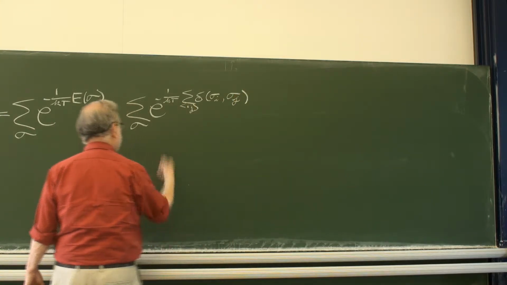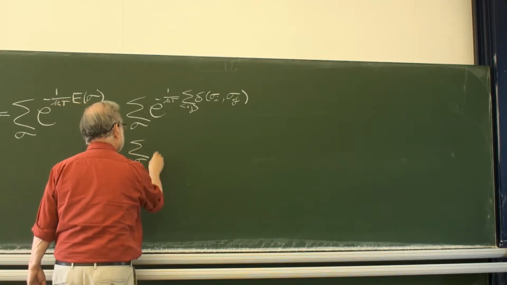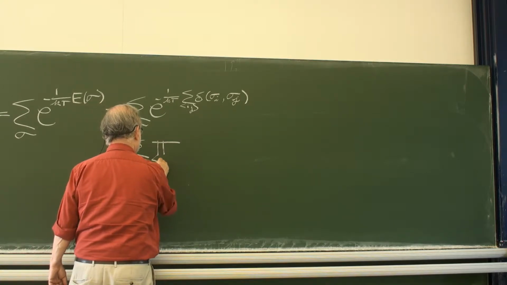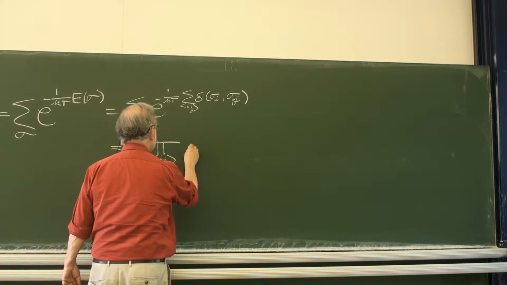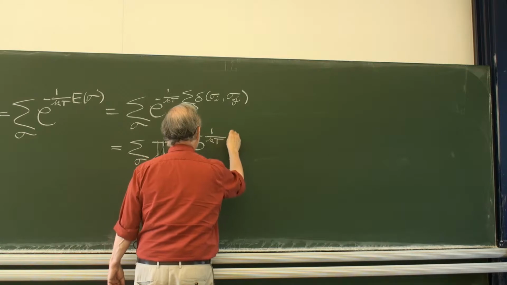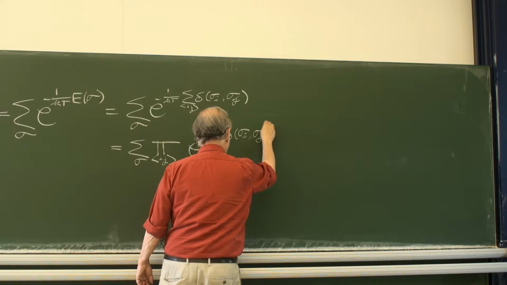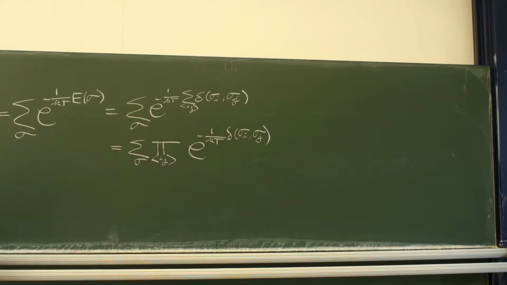And an exponential to a sum is a product, so I can rewrite this as the sum over sigma of the product over the edges of e to the minus 1 over kT times delta of sigma i, sigma j. So in other words, you get 1 as an element of the product if the spins at the ends of that edge are different, and you get e to the minus 1 over kT if they're the same.